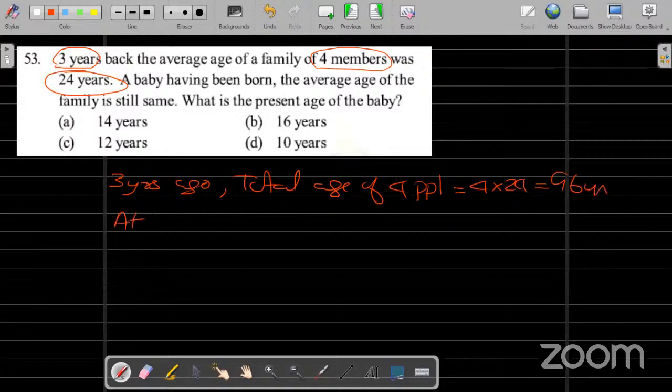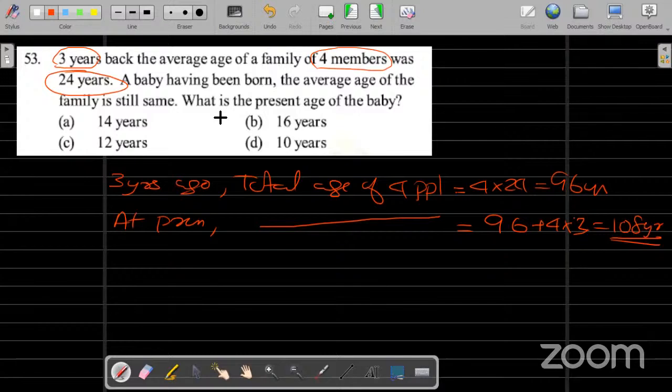At present, the total age of the same 4 people will be 96 plus. From 3 years ago to right now, every person will have an increment of 3 years in their age, and there are 4 people. So 4 into 3, 12. 96 plus 12 is equal to 108 years. The total age of the same 4 people right now is 108 years.